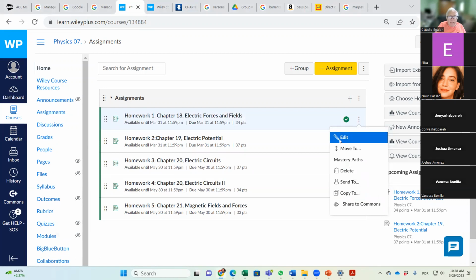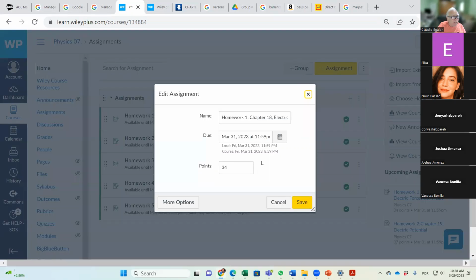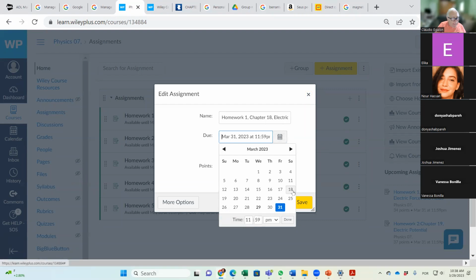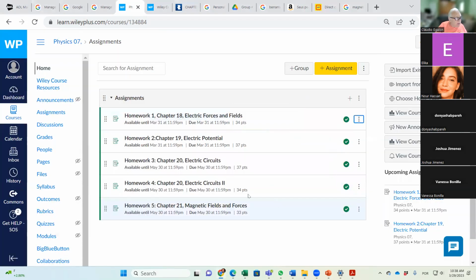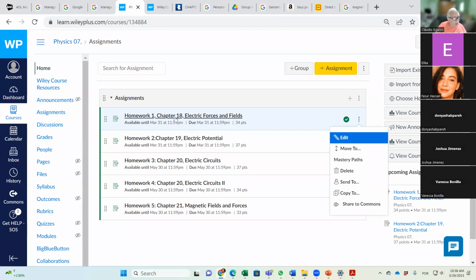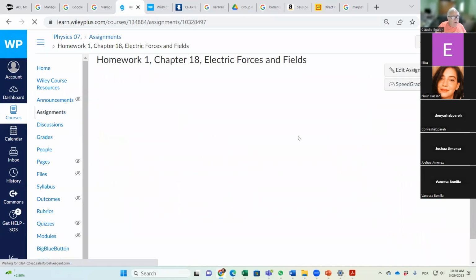Edit. March 31st. Okay, I'll give you a 7, okay? This assignment, save. It cannot be saved this way. Okay, it doesn't like that for some reason. I have to go inside, I guess. Edit assignment settings.